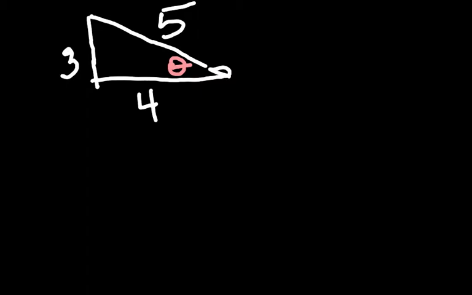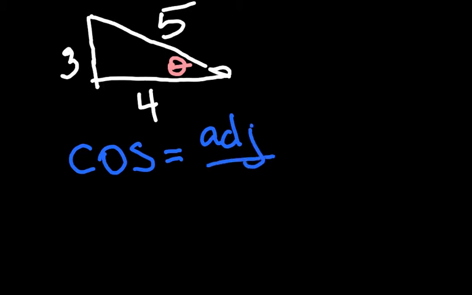So looking at our 3, 4, 5 triangle, this time we're going to calculate the cosine. And the way that you calculate the cosine is adjacent over hypotenuse. So remembering from our little trip to adjacent before, adjacent is the side that touches theta but is not the hypotenuse.